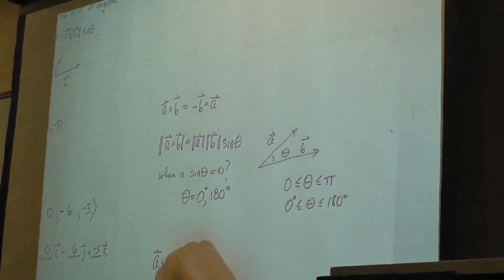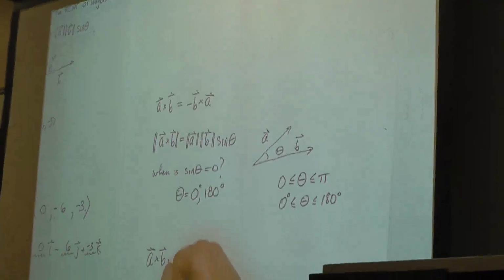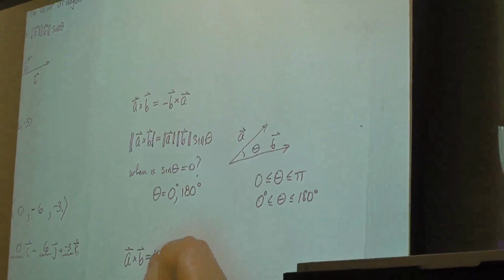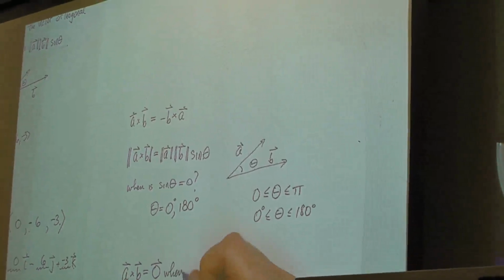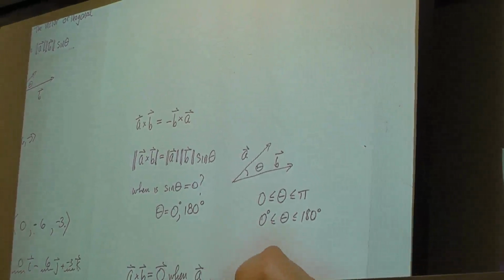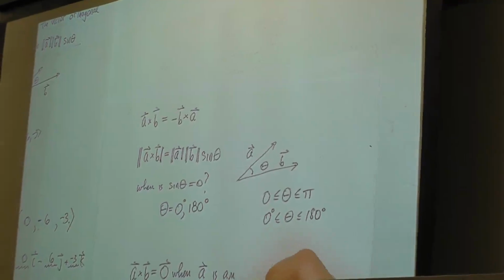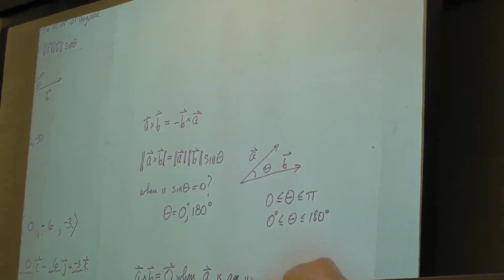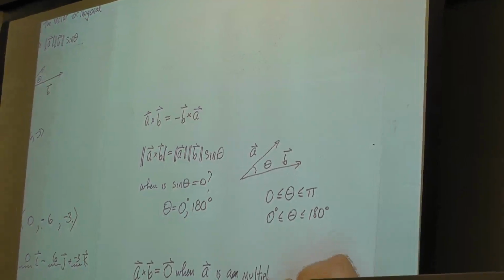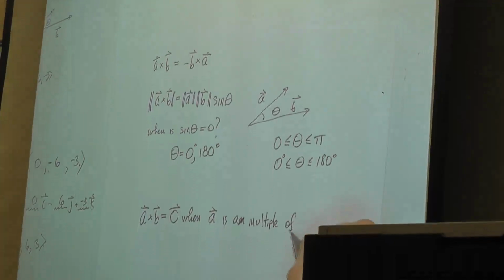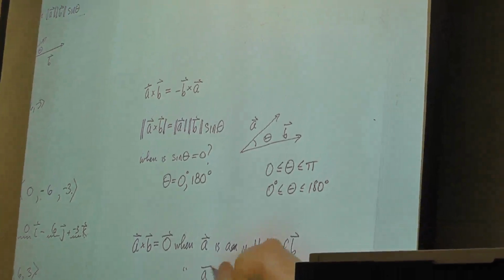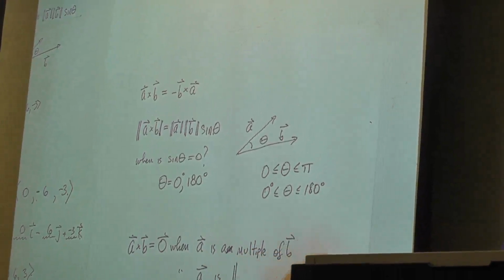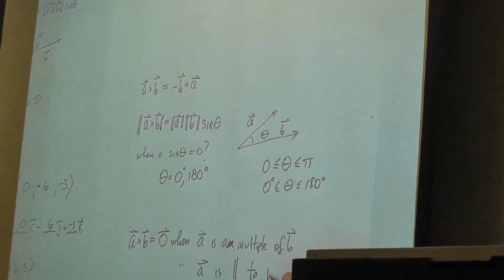A cross B equals the 0 vector when A is a multiple of B, or when A is parallel to B.